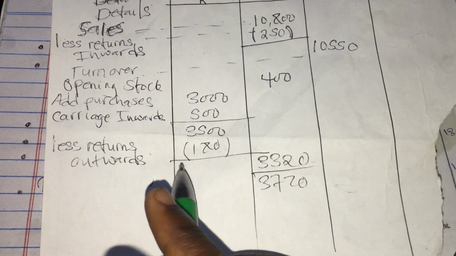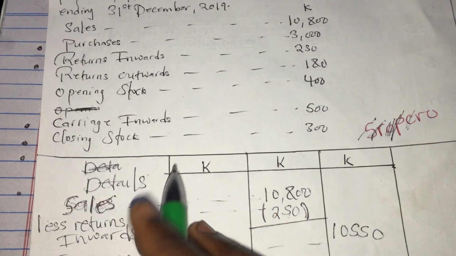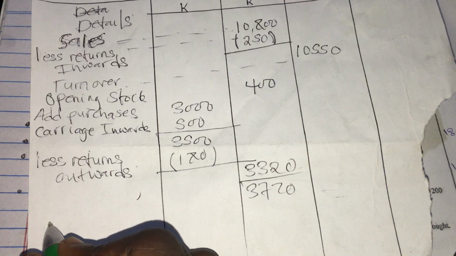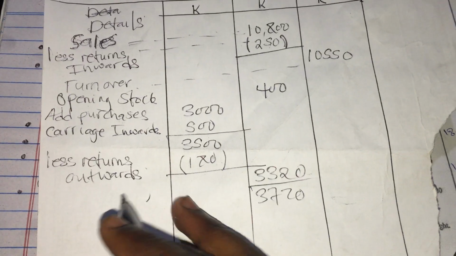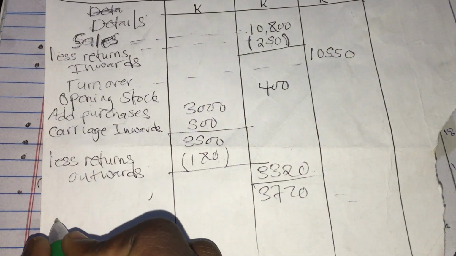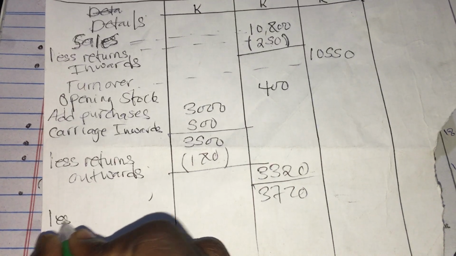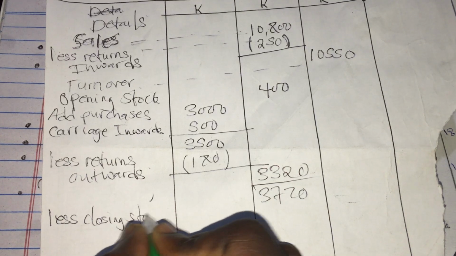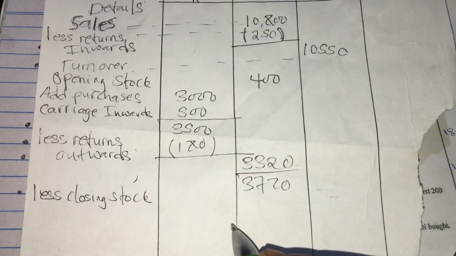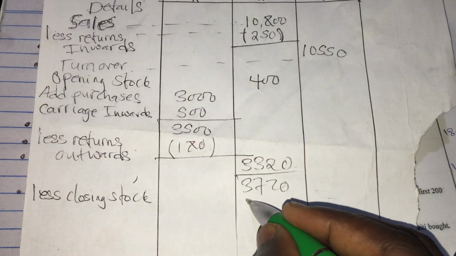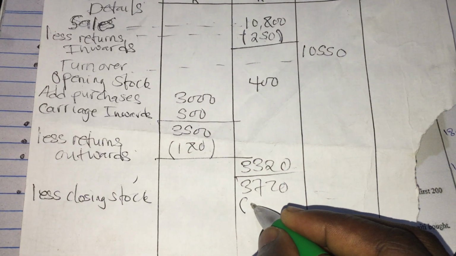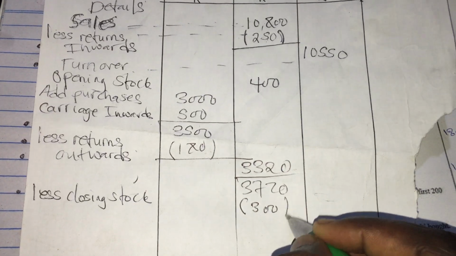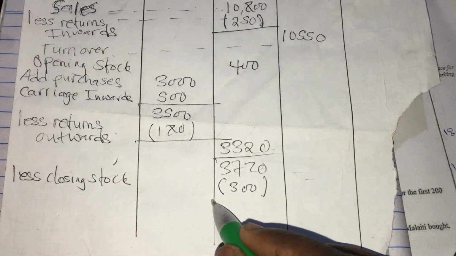So now we have to look for the closing stock. Now we are closing, so even the closing stock part, we subtract. So we're going to say less closing stock, but you have to subtract. So here we indicate brackets. It's 300.